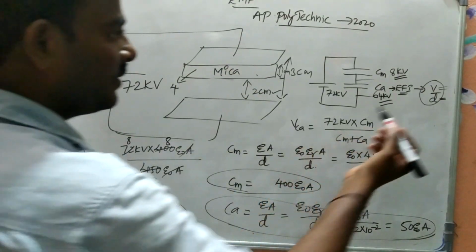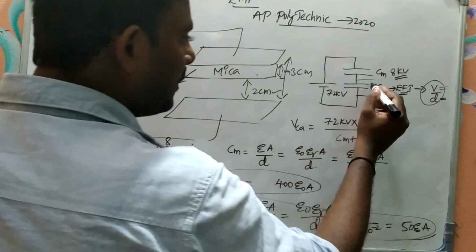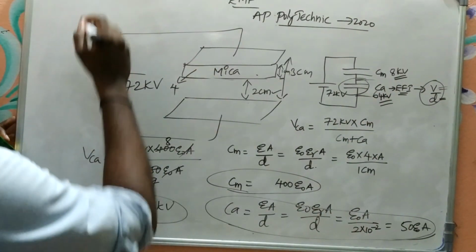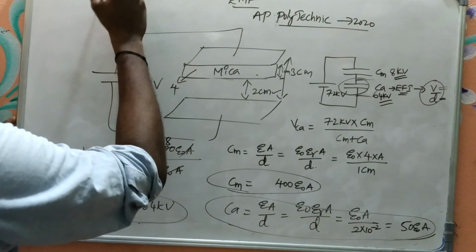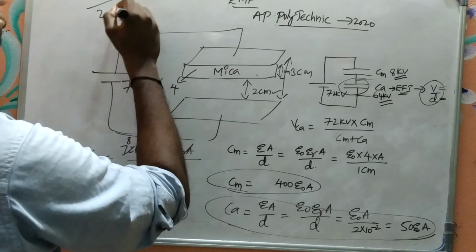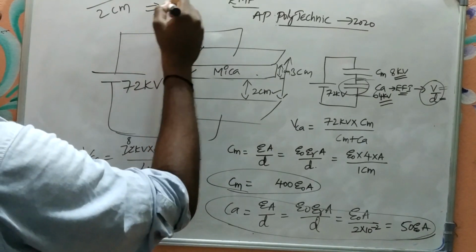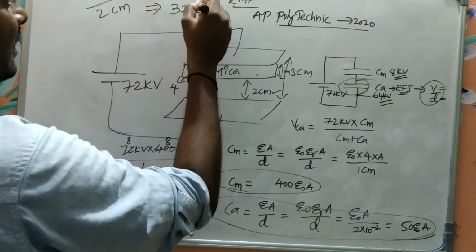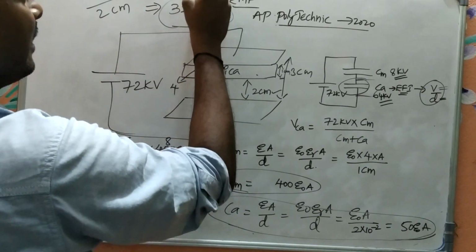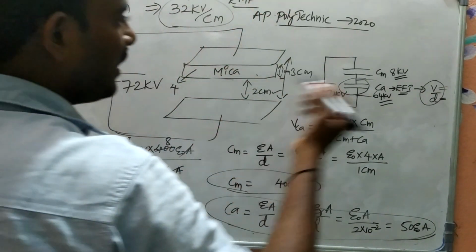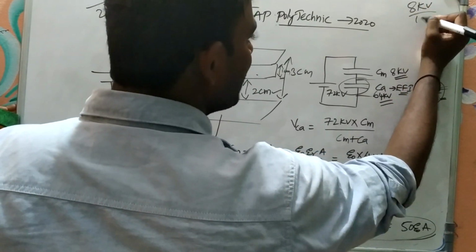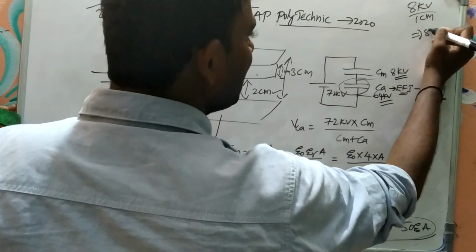Now how can you find the electric field intensity? It is the potential difference applied to this capacitor divided by the distance. So it is 64 kilovolts divided by the thickness, 2 centimeters. So the electric field intensity is 32 kilovolt per centimeter for air, whereas for mica it is 8 kilovolt per 1 centimeter, so 8 kilovolt per centimeter.